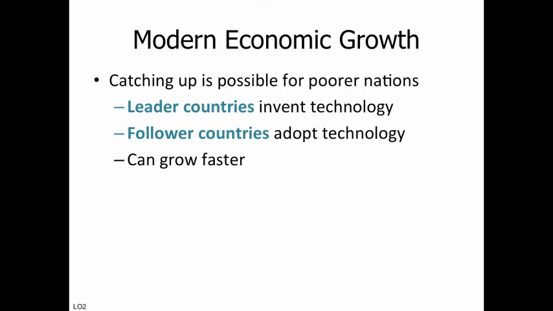And the poorer countries can then just adapt those new technologies. So they're just basically copying the technologies that are developed by the more advanced nations. And by doing that, they can catch up. So they can grow at a faster rate over time and therefore slowly over time catch up to those leader countries.